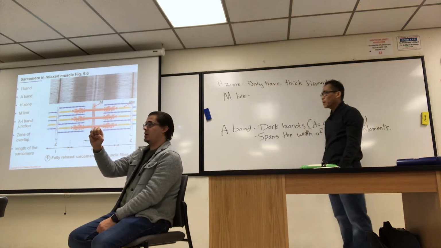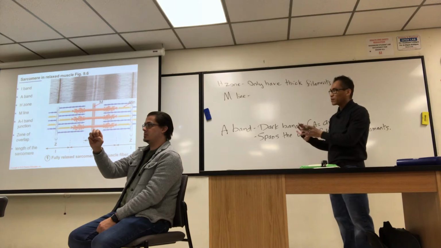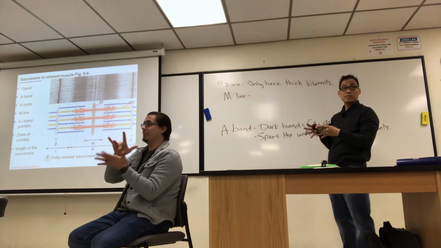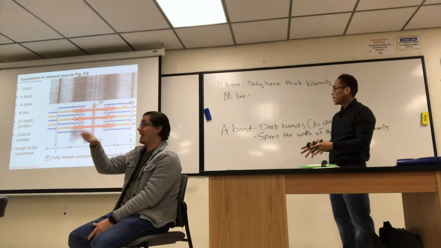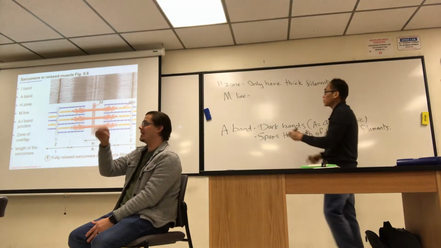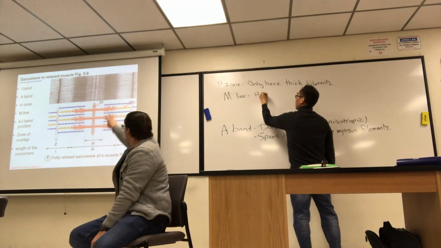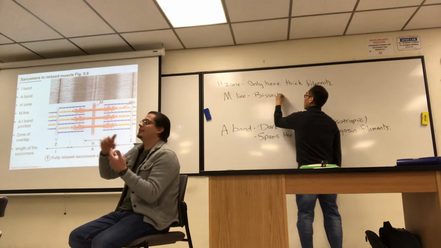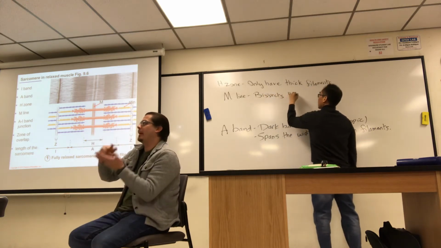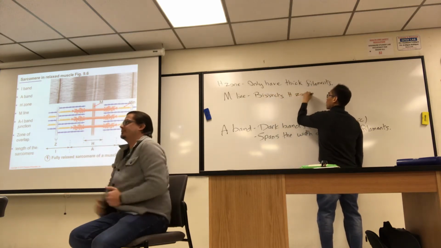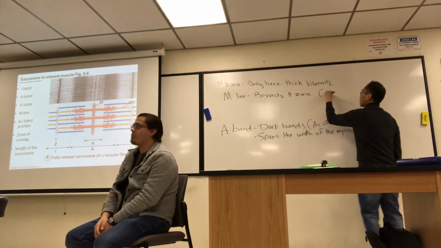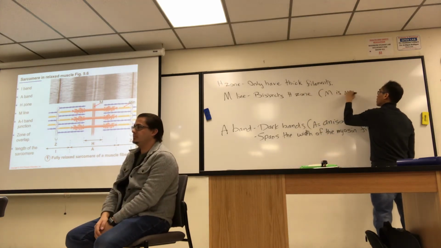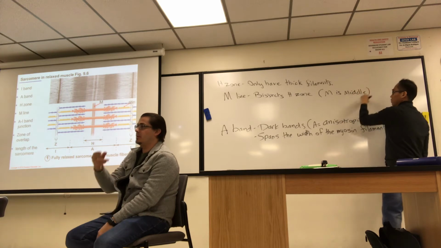M stands for middle. Again, it's another German word, but let's just say it stands for middle. It's right in the middle of the sarcomere, and it basically bisects the H zone. Right in the middle.